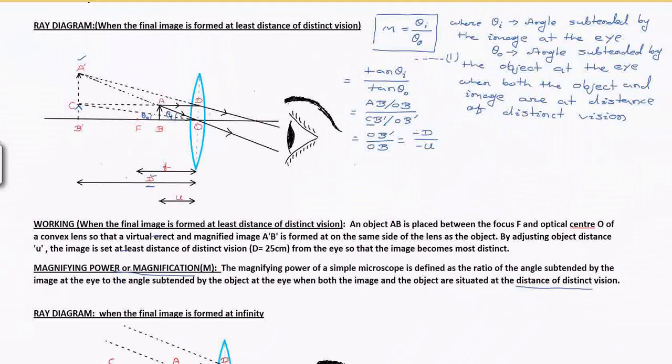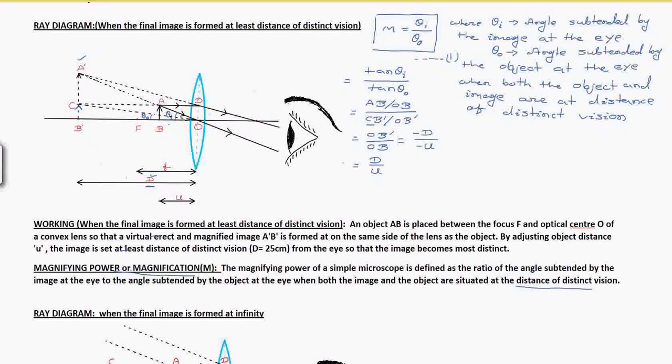So this is equal to d divided by u. But see, here d is a constant quantity, but u is a variable, because the object can be taken at any position between O and F. So it is a variable quantity.